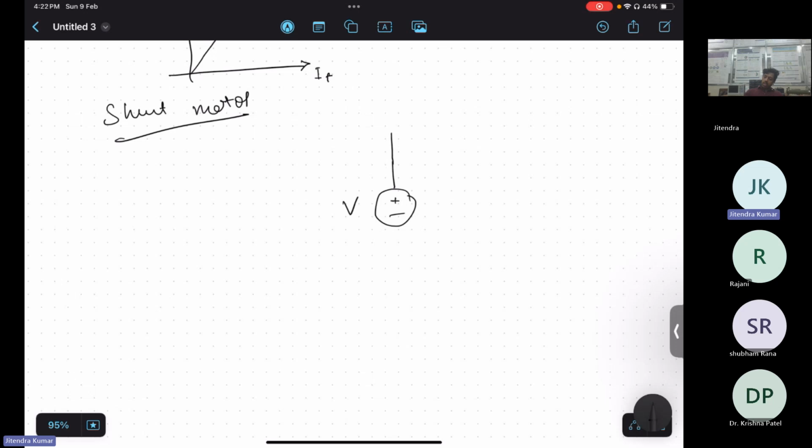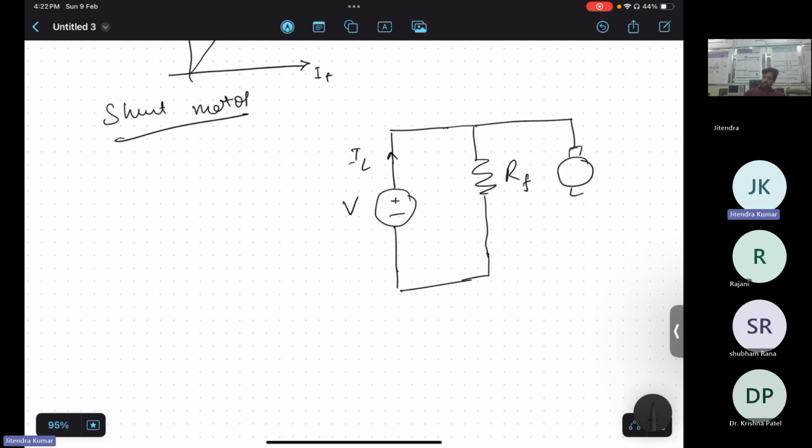Now for the shunt motor, what will happen? This is the supply voltage and supply current is IL. Now the field RF is connected in shunt to the supply, and this is your armature with RA.